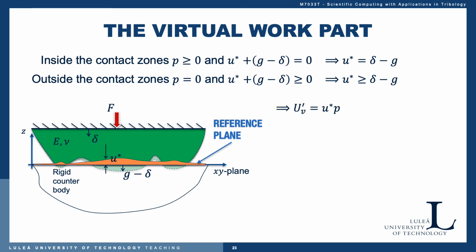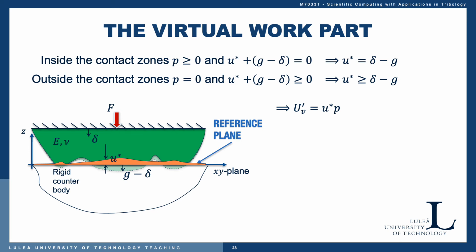Now, the surface energy can be formulated directly as the product between the imposed displacement u star and p, similarly as work is force times distance.